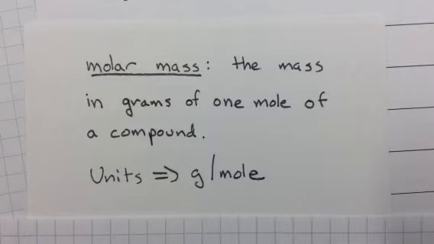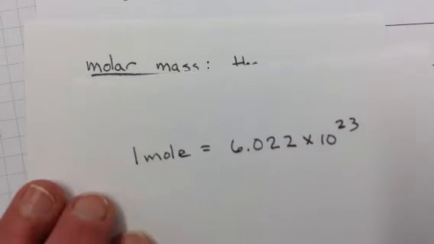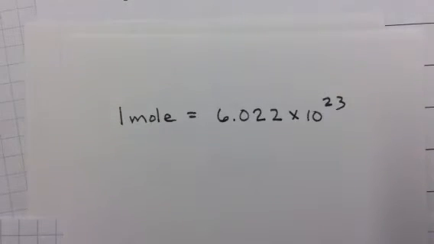So just like you buy 1 dozen eggs instead of saying 12 eggs, or you drive 1 mile instead of 5,000 and some feet, a mole helps us wrap our heads around a really big number. 1 mole is 6.022 times 10 to the 23 of anything. 1 mole of cars is 6.02 times 10 to the 23 cars. 1 mole of eggs is 6.02 times 10 to the 23 eggs.